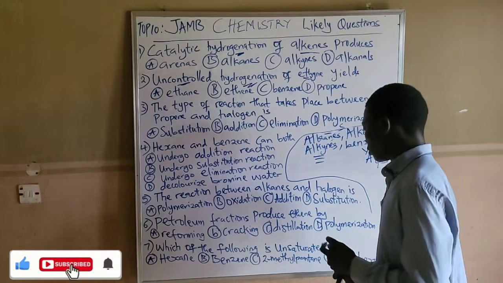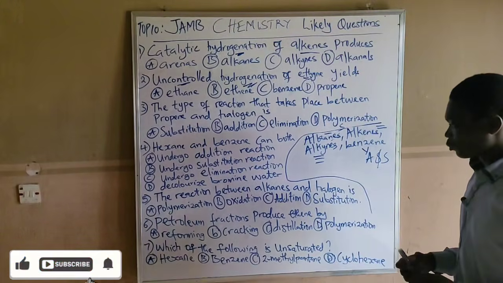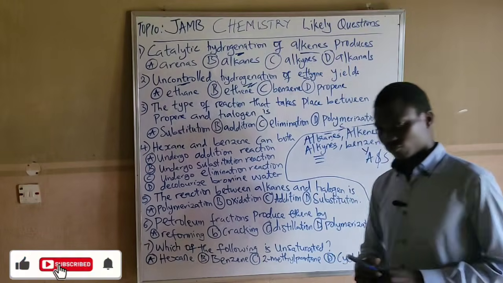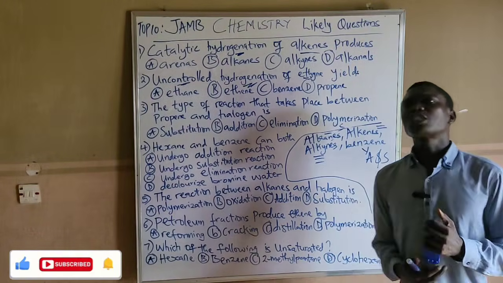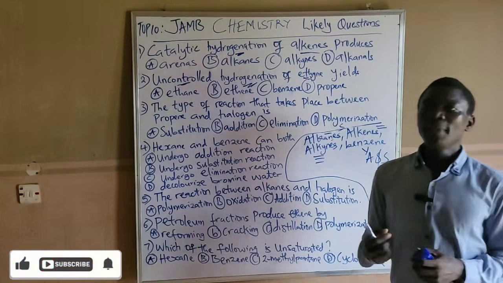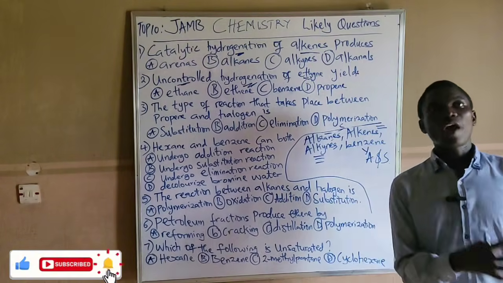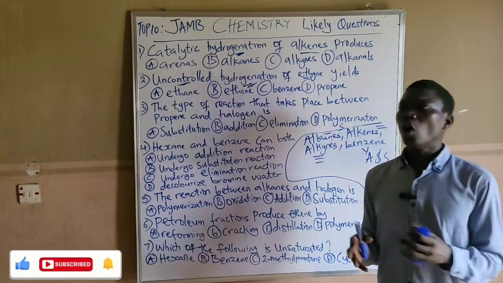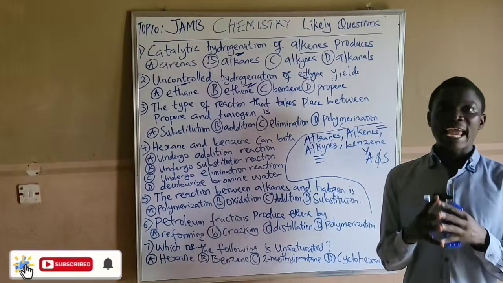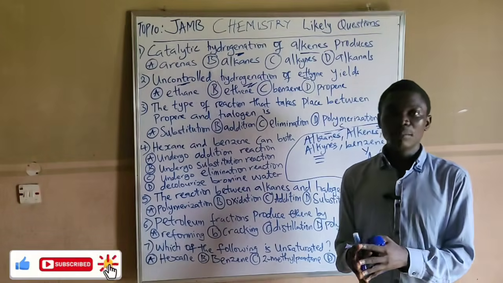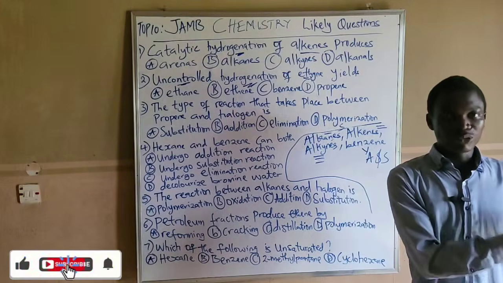Petroleum fractions produce ethene by cracking. You know, when you separate your crude oil at the refinery, majorly we have the oil and the gas part. So when you separate, you only get majorly the alkane products like methane, ethane, propane, butane.